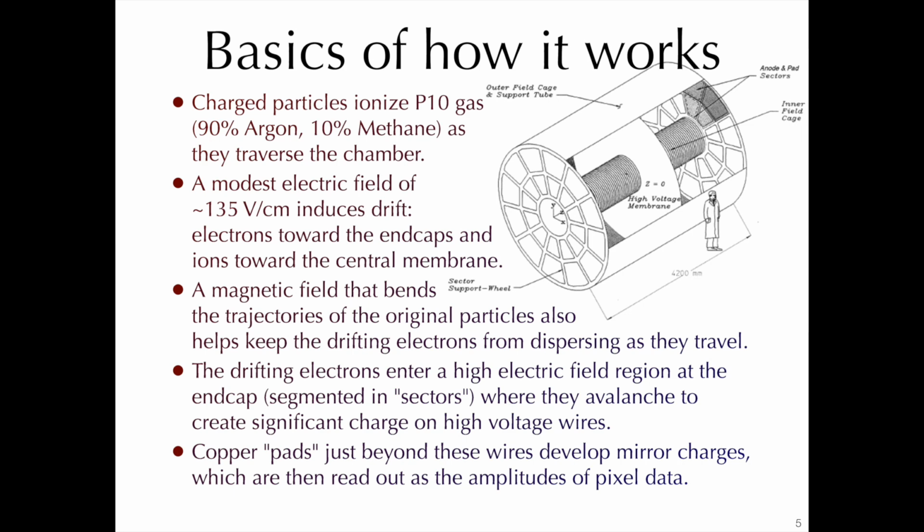They push each other apart, and they just wander as well. And the magnetic field tends to help reduce that effect, because drifting in the transverse direction is turned around by the magnetic field, and the electrons, instead of just wandering off, essentially take a helical, spiral trajectory towards the end, and they stay much more narrowly focused as they get to the end.